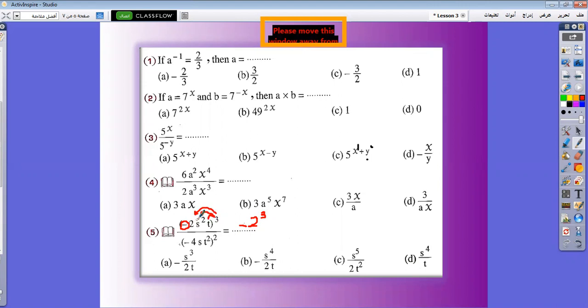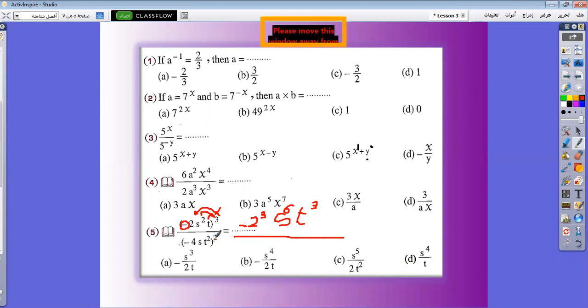So it will be 2 power 3, s power 2 all power 3. You have 2 powers, so you multiply the powers: 2 by 3 equals 6. Here t power 3. Over that, let's start to simplify the denominator.